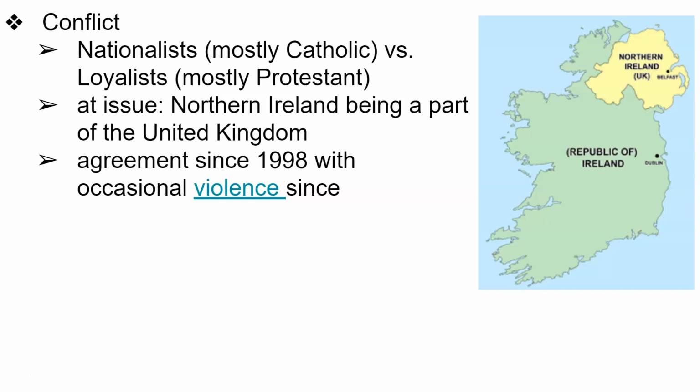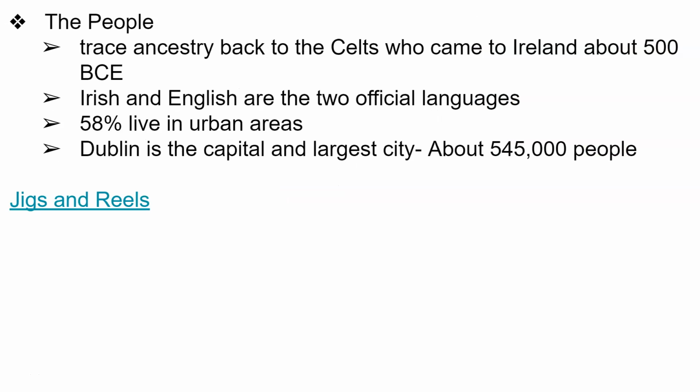There was a peace agreement reached in 1998, and there has been since then some occasional violence, but certainly much more peaceful than it used to be during the 1980s and early 1990s. And certainly you're looking at the IRA being one of those terrorist groups that were involved in the fighting here, the Irish Republican Army.